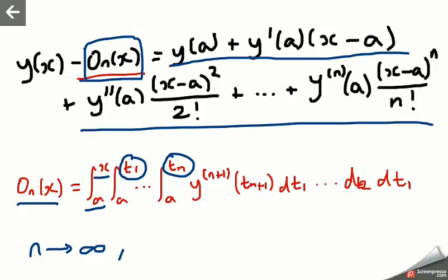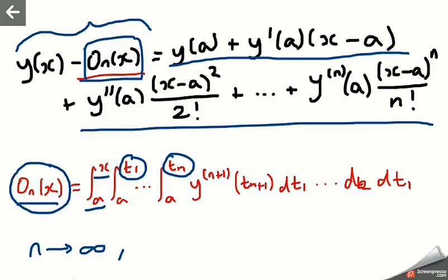What happens? Well, whatever happens depends on this Rn of x, since the two sides of the equal sign are equal, but on this side we only have Rn of x, so it only depends on n in this Rn part. So when n gets bigger and bigger, if Rn of x gets closer and closer to something, then the other side is going to get closer and closer to something the more terms we add on.